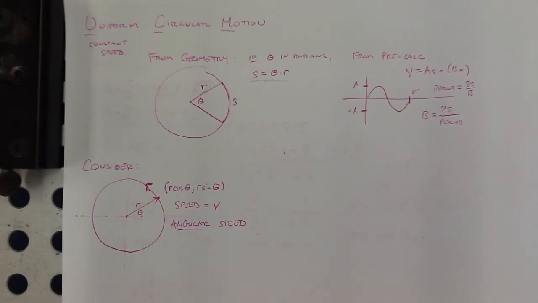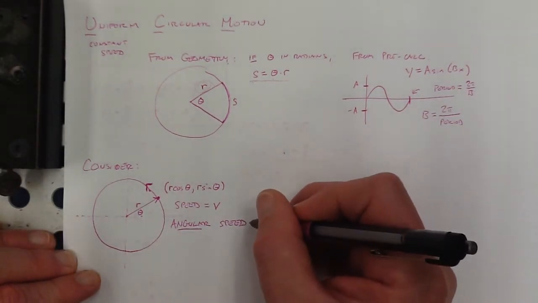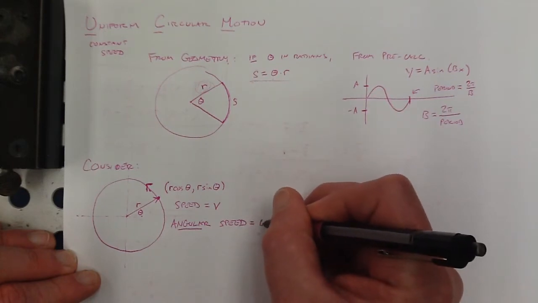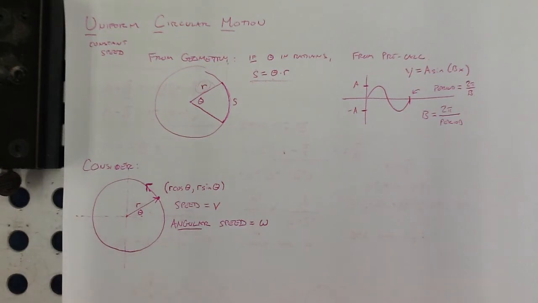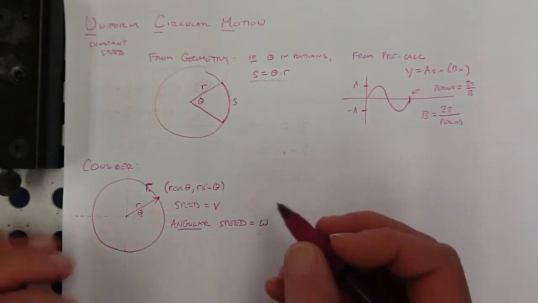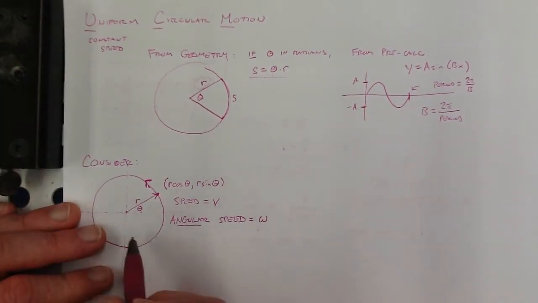So the angular speed of this, and we're going to use a little curly looking w like that. And that is the Greek letter lowercase omega. That's what we use for angular speed. That's going to come back later in the year also when we do more stuff about rotation. So that's the angular speed omega.